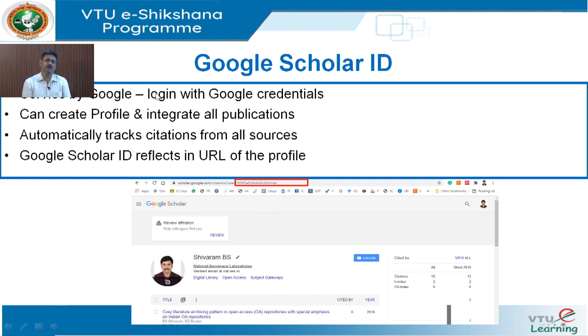It is a service by Google to create a profile and integrate all your publications, automatically tracking citations from all sources. The Google Scholar ID reflects in your profile URL. Automatically it tracks the number of citations, and it automatically calculates the h-index and i10-index.